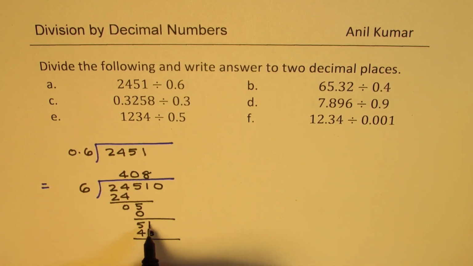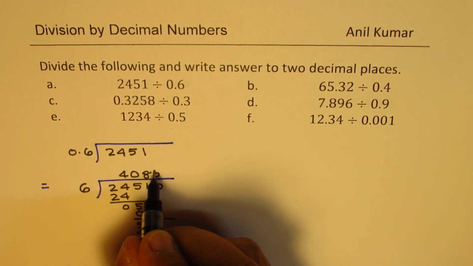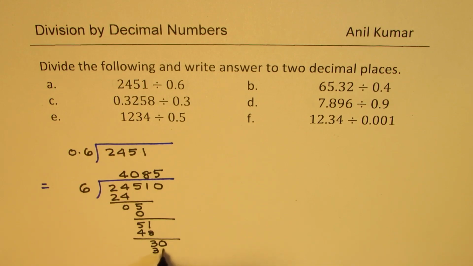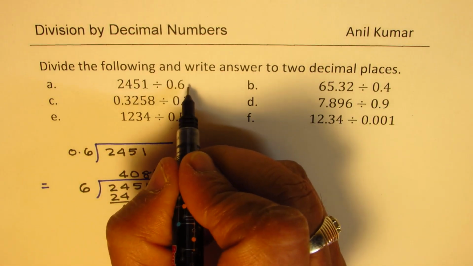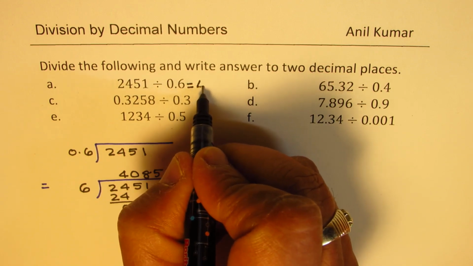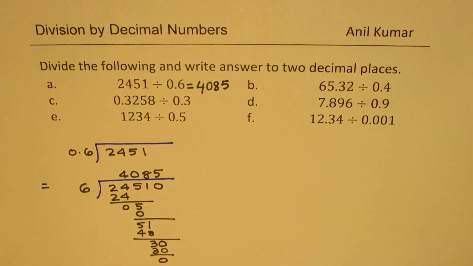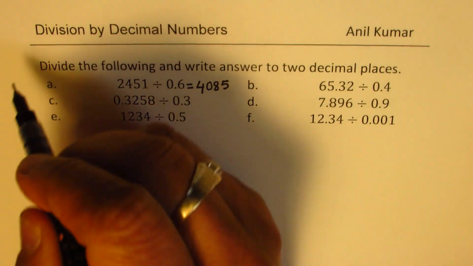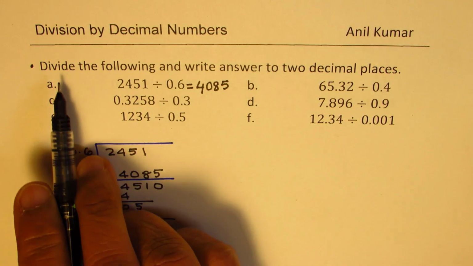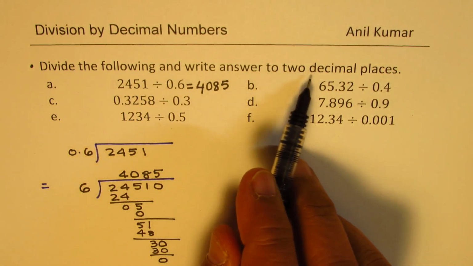Taking away 1 gives you 3, bring down 0, and we know 6 times 5 is 30, the remainder is 0. Okay, so basically for this we get the answer as 4085. So let me write this as equal to 4085.